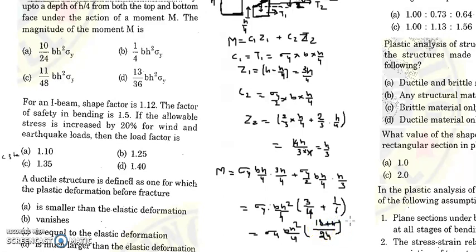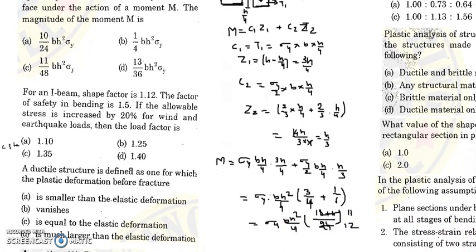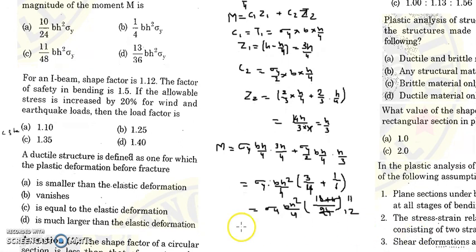So this is going to be 11s, 12s. So therefore the answer is 11 by 48. So sigma y into bh square divided by 48. Therefore the answer is C.